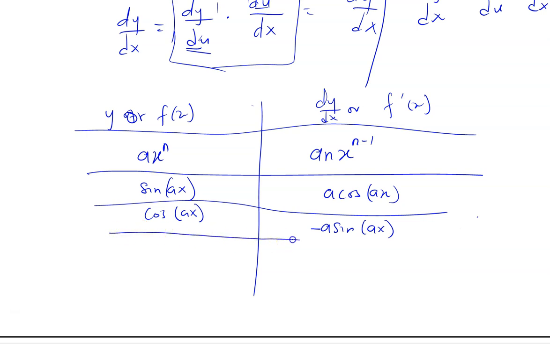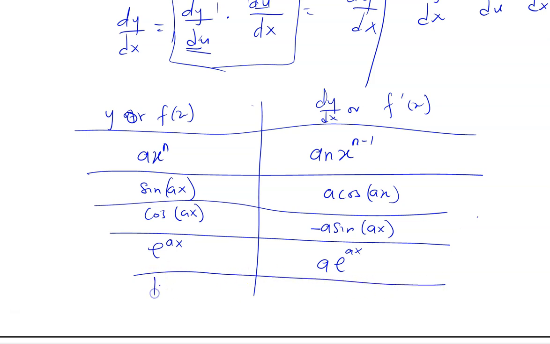Okay, so that's it. And if I also have e^(ax), then it's going to be what? a e^(ax). That is the a multiplied by e to the power ax. Then if I have ln(ax), the final answer is going to be 1 on x.